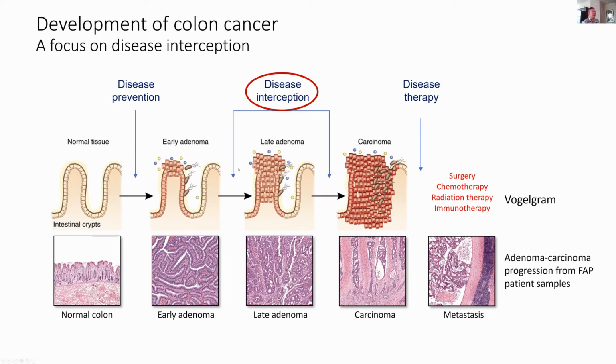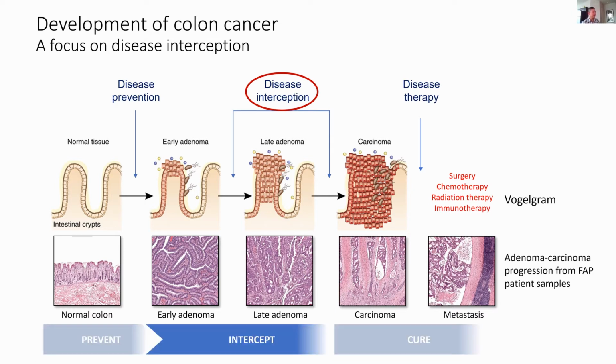And then ideally identify pharmacologic compounds, in this case, that might prevent you from developing colon cancer, even though you are at high risk for these stepwise progressions. So in terms of what we're looking at, all bases are covered. Again, the paradigm is prevent, intercept, and cure.